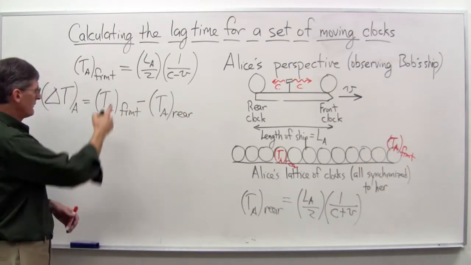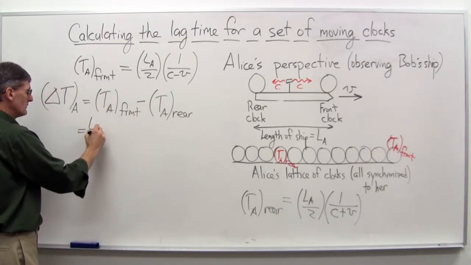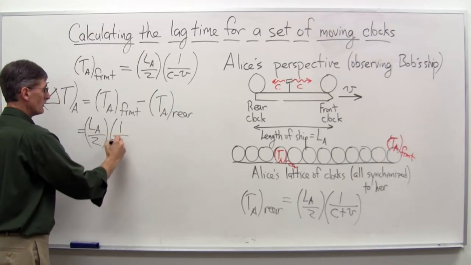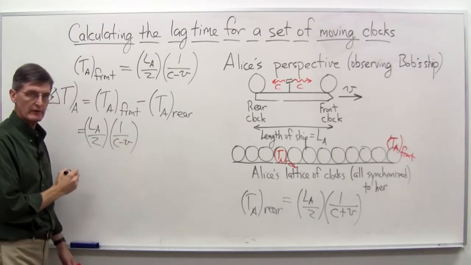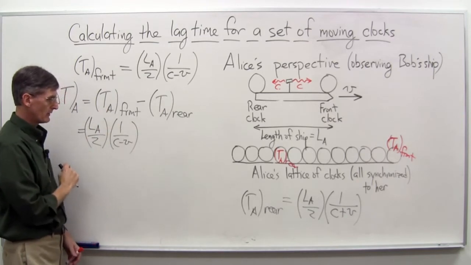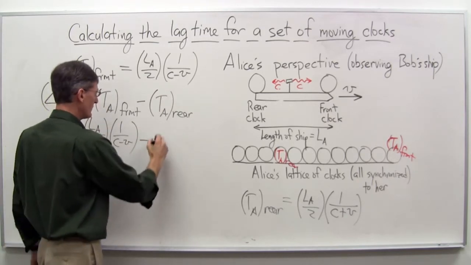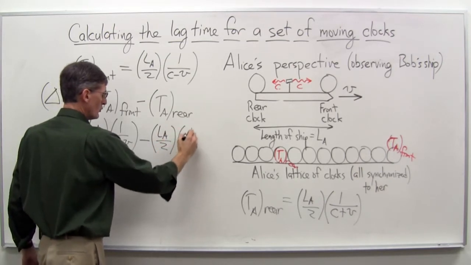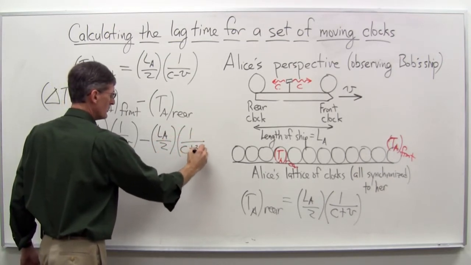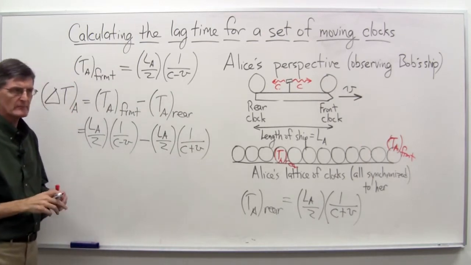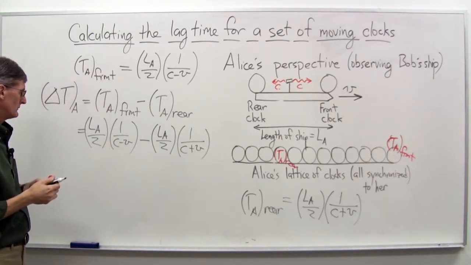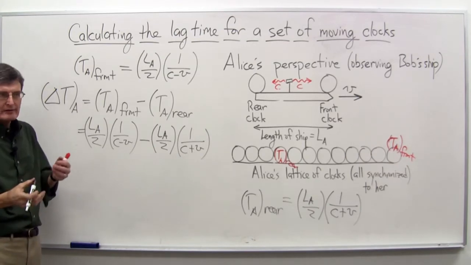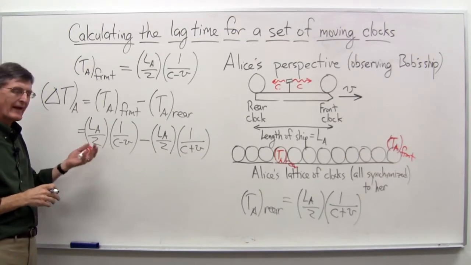And so what is that? Well, we've got our two equations. So we've got LA over 2 times 1 over C minus V, from right there, minus our equation down there, LA over 2 times 1 over C plus V.